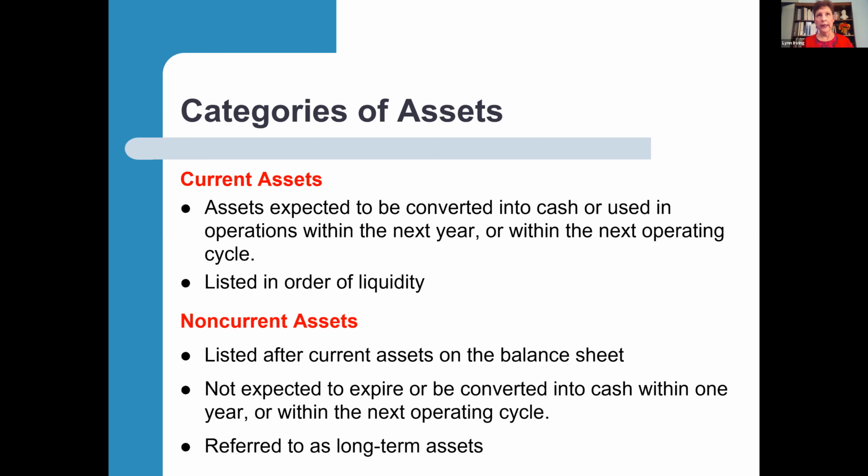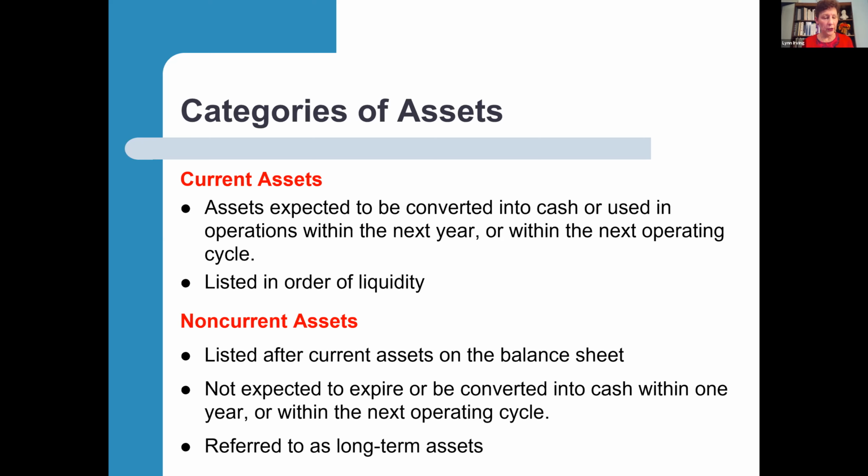Whether you're doing a July 1st to June 30, a January 1st to December 31st, there's no rules about what you have to have for a fiscal year. But we're going to say that for something to be classified as a current asset, you expect it to be turned into cash or used up within the next year, within the next balance sheet date. Now, here's the rule.